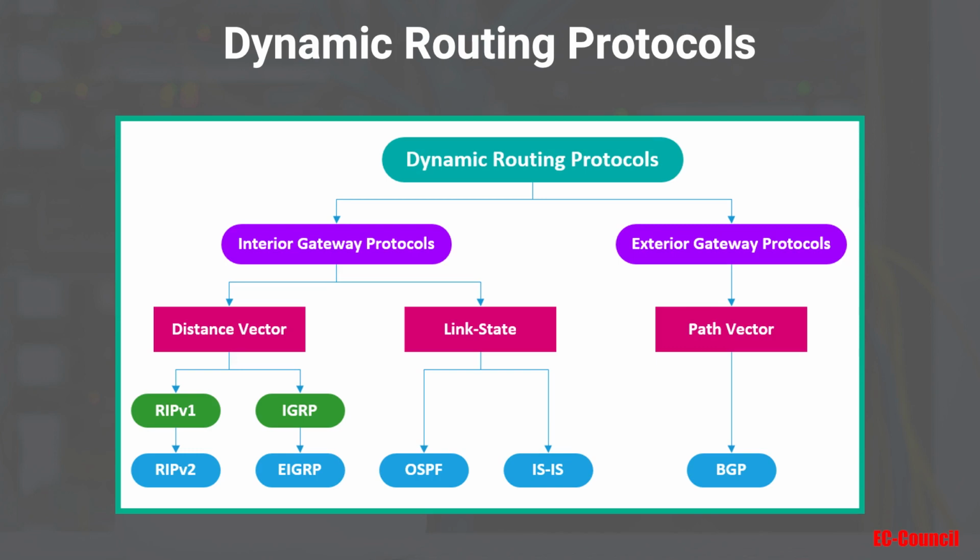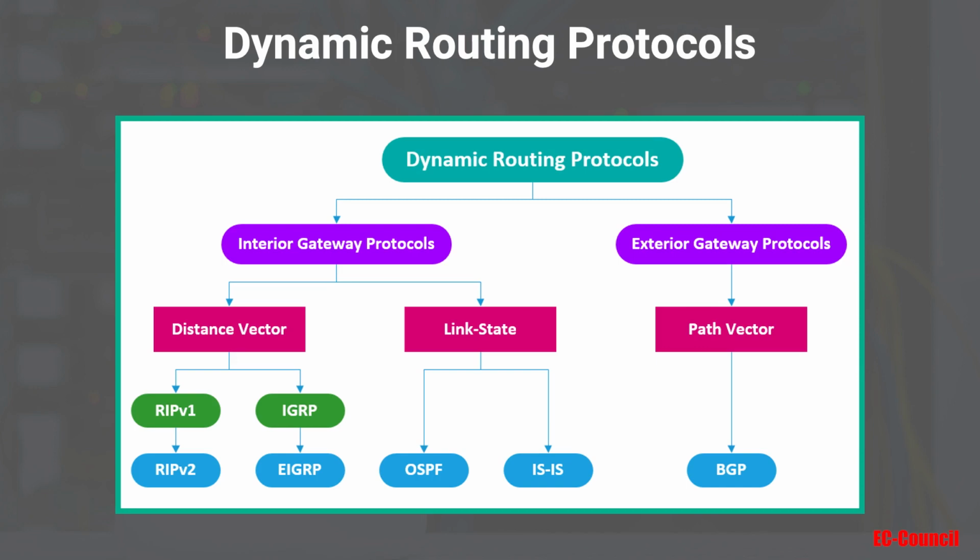So let's say we have ISP 1 here, and ISP number 2 here, and these ISPs are interconnected. How are these ISPs exchanging routes? Well, that's where BGP comes in to help them. The thing about BGP is it's very, very slow.